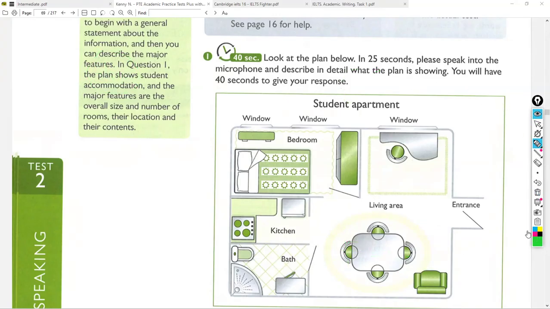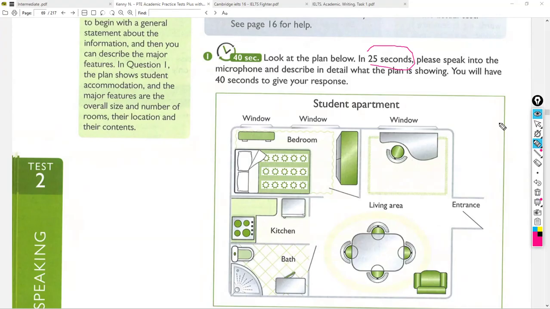Please exploit this 25 seconds and take a look at the picture, please. When you feel that you are ready to speak, please, you can start speaking if you are ready.